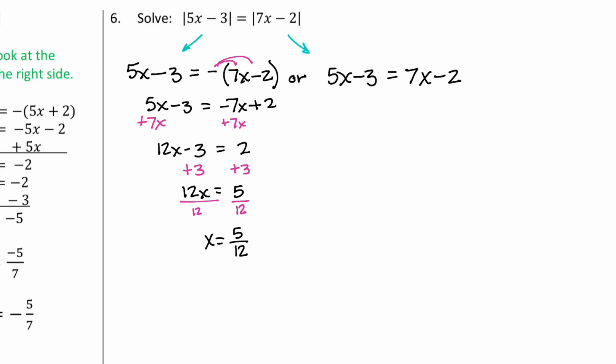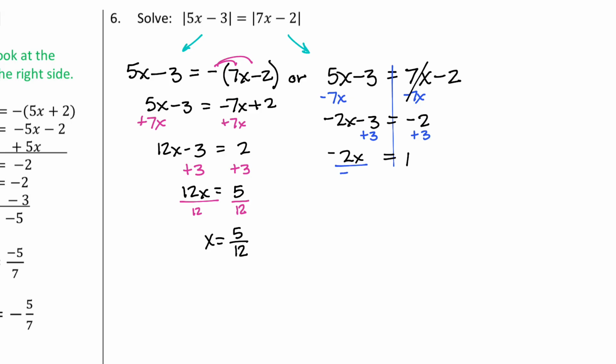Okay, now on the other side, we don't have to distribute, so we're just going to go right ahead and move the 7 over, or the 7x rather. Move it over with the 5x, so we get negative 2x minus 3 is equal to negative 2. Add 3 to both sides, so we get negative 2x is equal to 1.